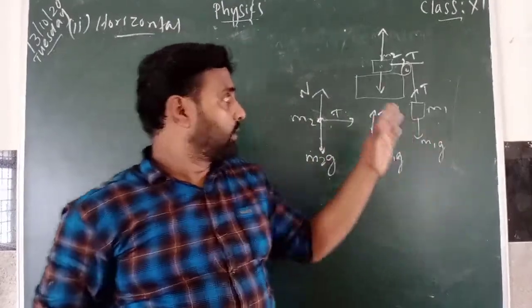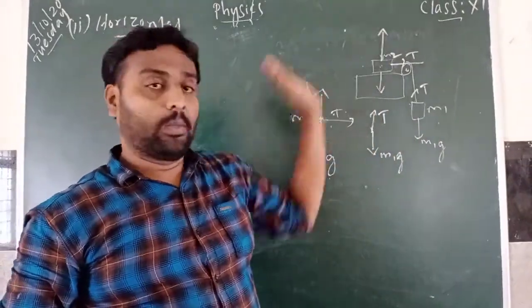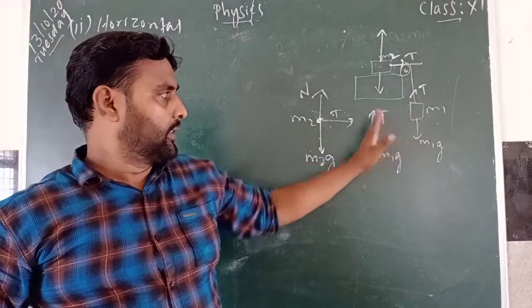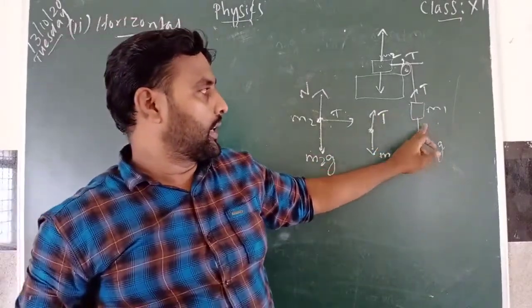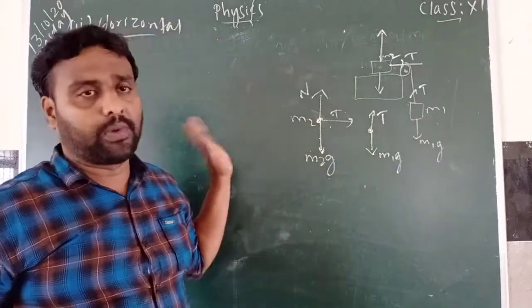These are the three forces acting on mass M2, and the two forces, tension and gravitational force, act on mass M1. This is the free body diagram.